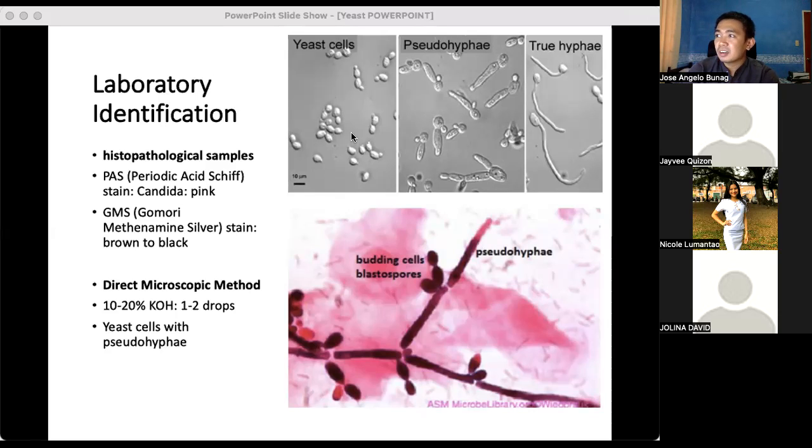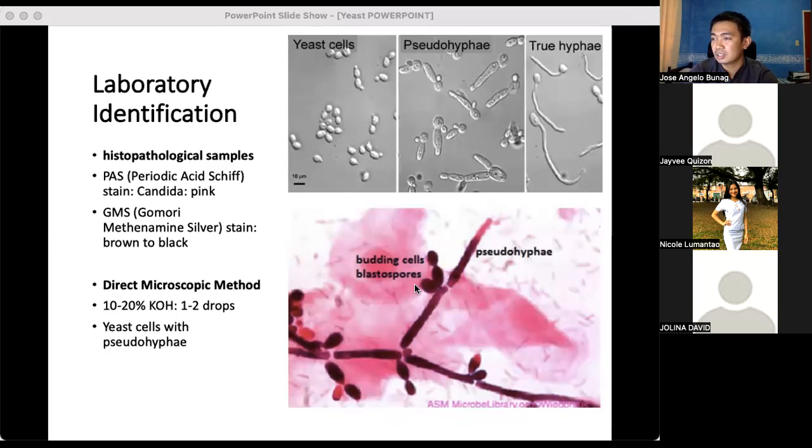Under the microscope, this is how the yeast cell looks, its microscopic appearance. It has a body, clustered together. And we also have pseudohyphae, and also true hyphae. So these are the possible morphology you can see. But for Candida, this is specific for the yeast cell.